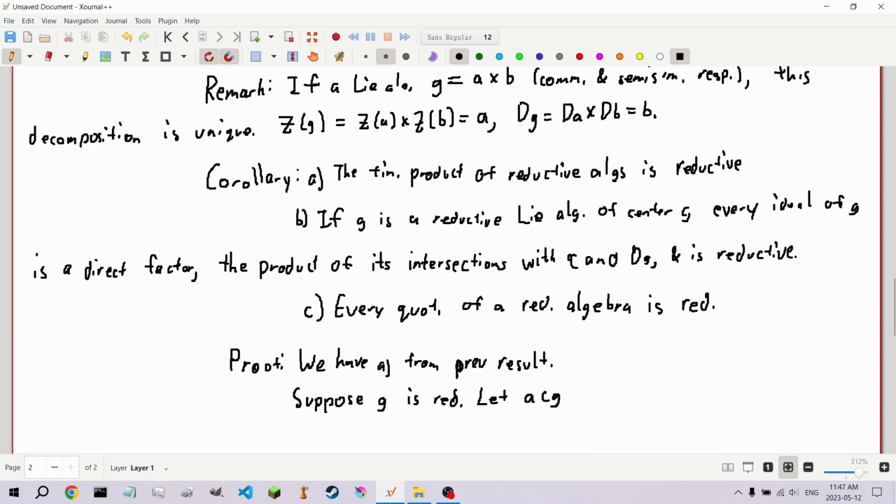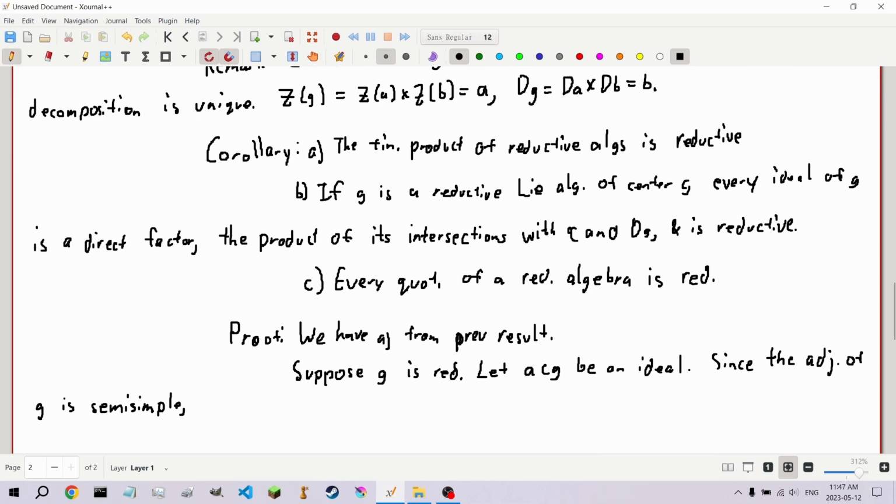Let A be an ideal of G. Since the adjoint representation of G is semi-simple, A has a supplementary ideal B and G is identified with A times B.